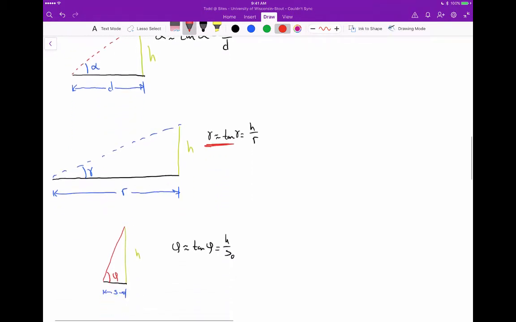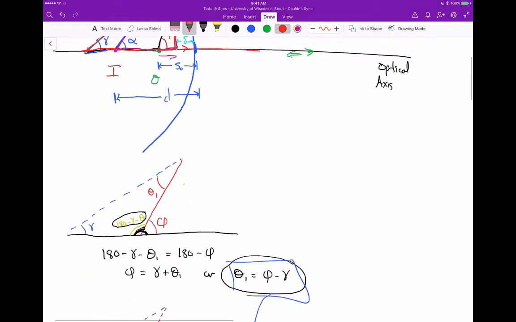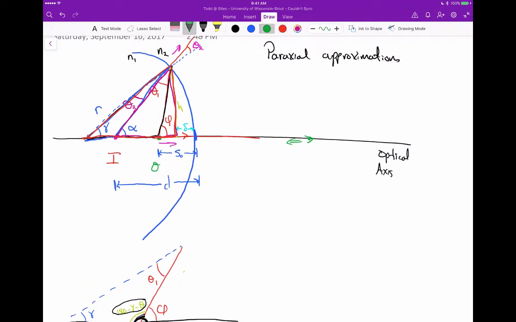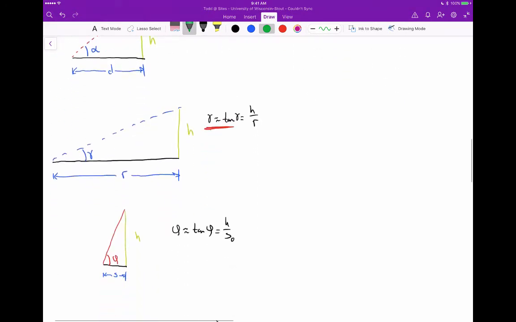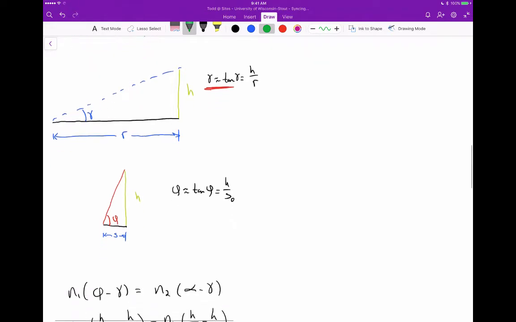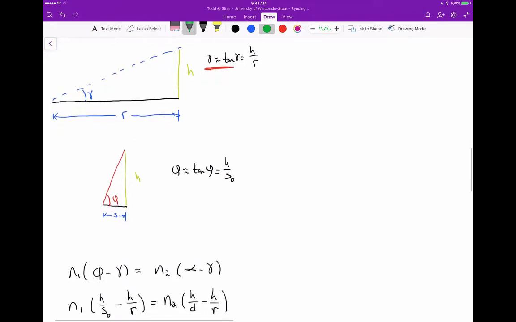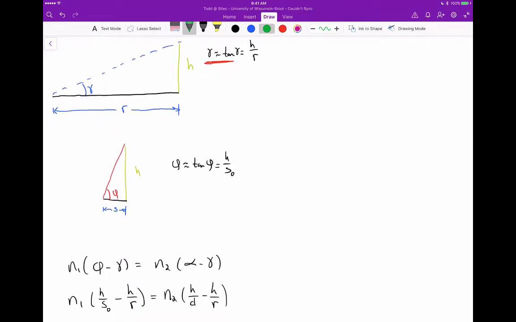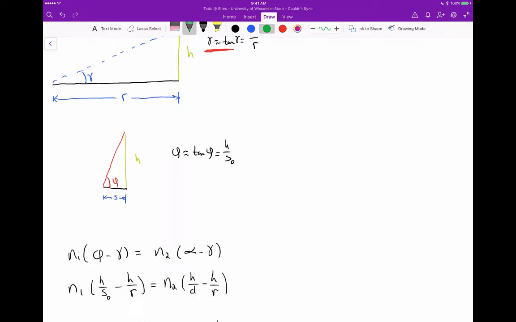And then finally do the same thing with phi and h. And that triangle is this guy right here. And so phi is approximately tan phi, and then we can use the sides of the triangle to find the tangent. So now we're going to plug those approximations into our approximation of Snell's law, and we get this relationship here.